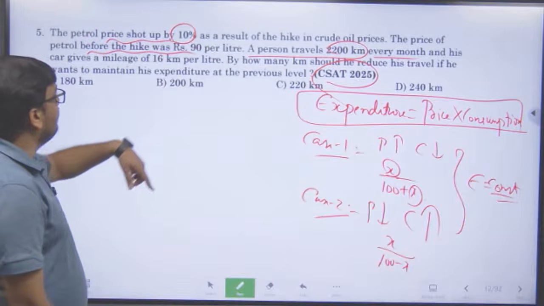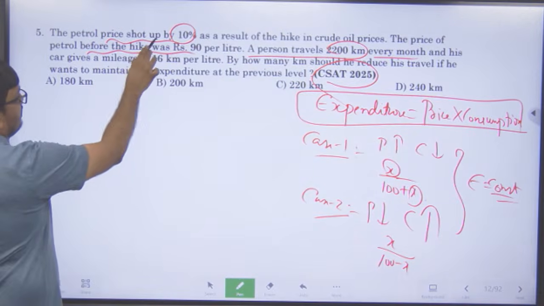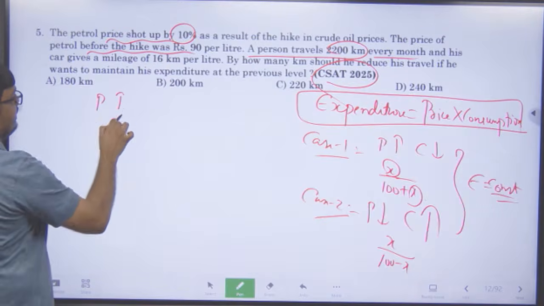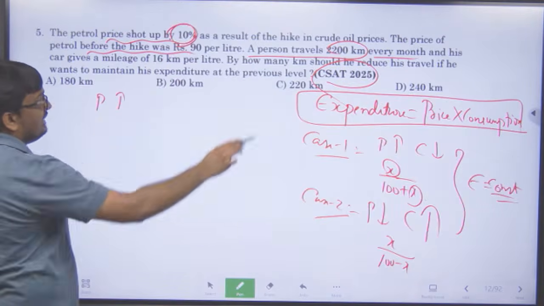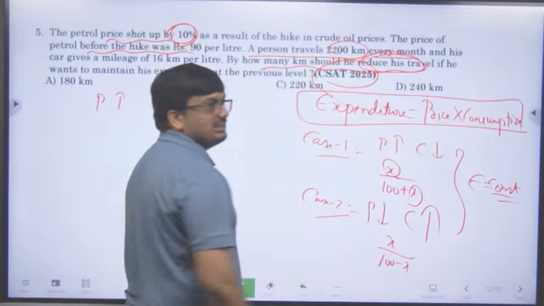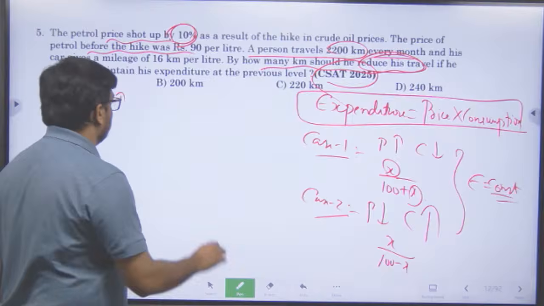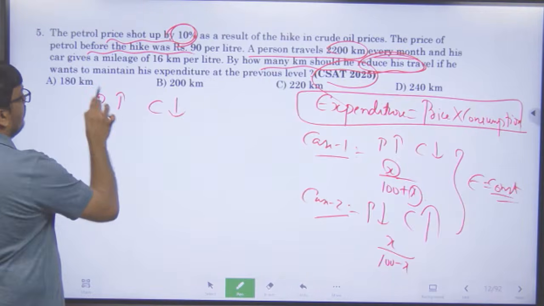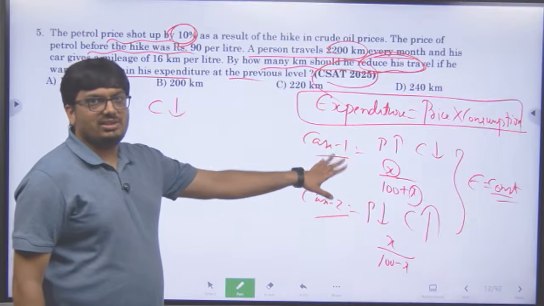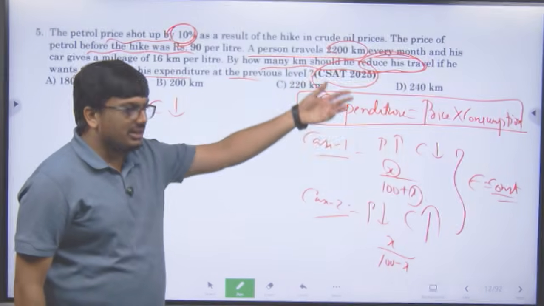So here if you carefully observe, the petrol price shot up, that is price increased by 10%, and they are asking by how many kilometers should he reduce his travel, means consumption should be decreased. Wants to maintain his expenditure at the previous level, means expenditure is constant, it should not decrease or increase.